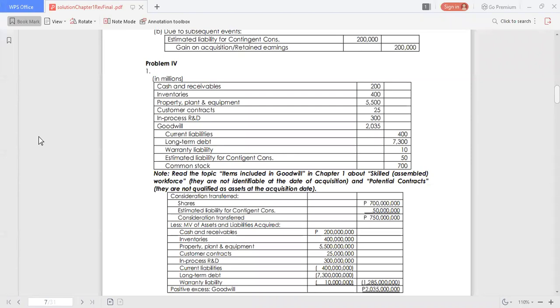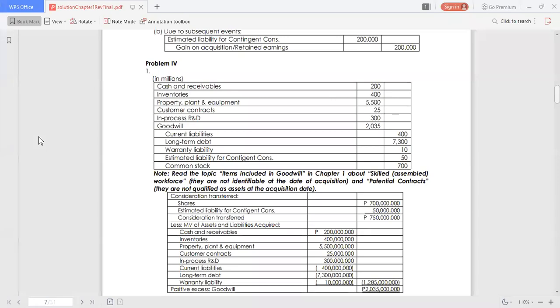However, in accordance with the additional data stating that an analysis of Sandy's assets and liabilities reveals that book values of some reported items do not reflect the market value at the date of acquisition, the inventories are overvalued by 200,000. So the given initial amount of inventories, 600,000 minus 200,000, we now record the inventories at 400,000.